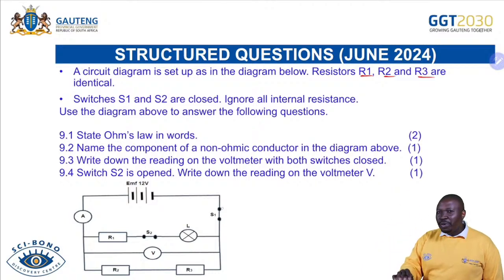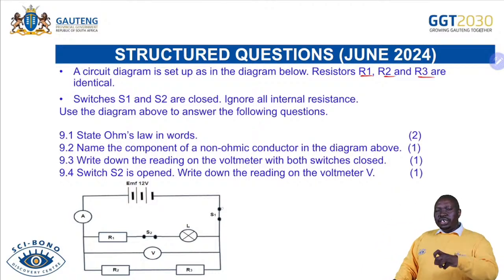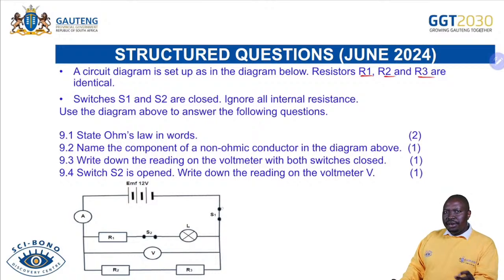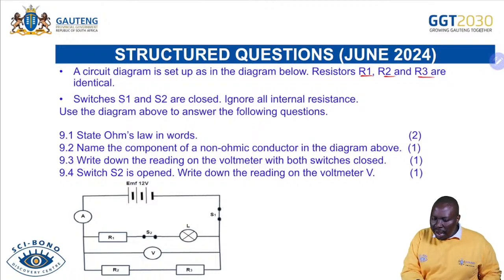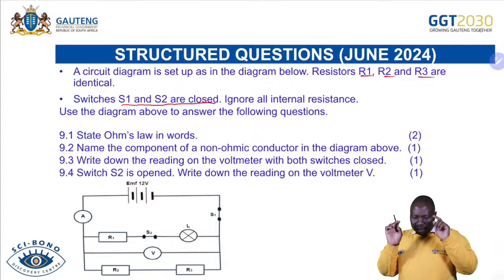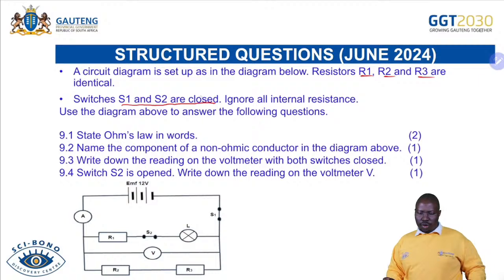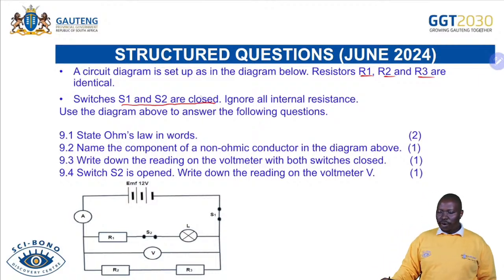Remember, when we want to change the question, we can open one of the switches, then the whole question changes. So it's important that you always check as well. Whatever we are saying is dependent on the fact that S1 and S2 are closed.